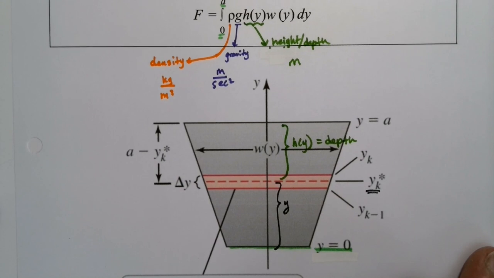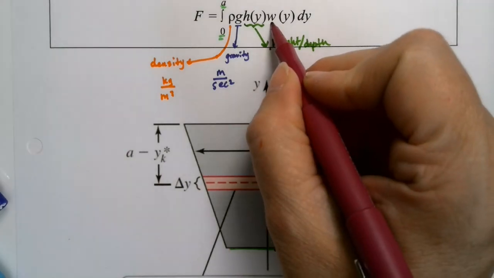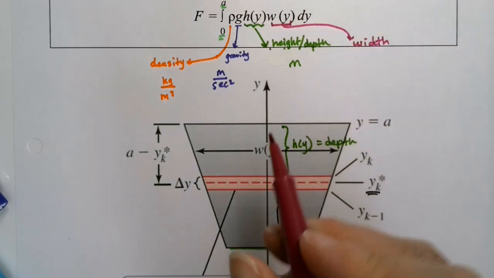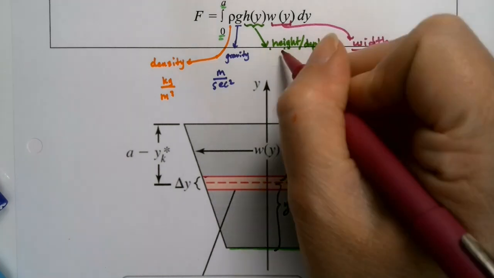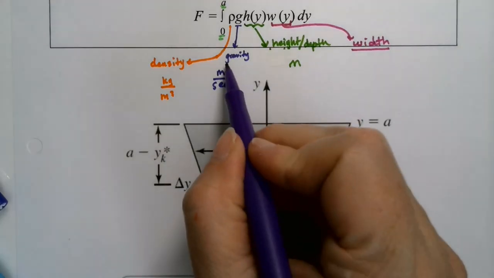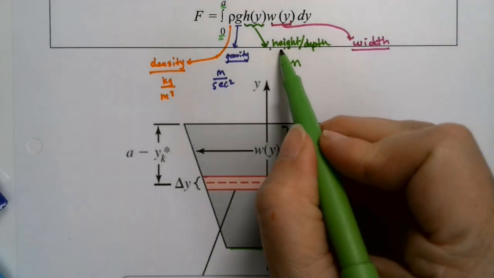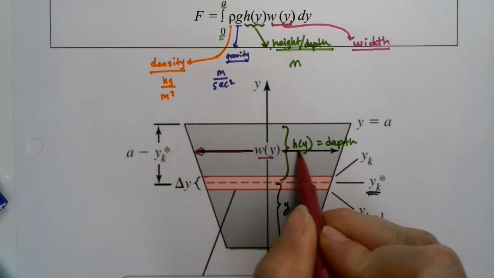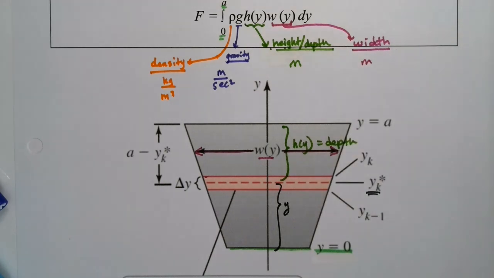And then we have w of y. w of y is going to be the hardest part. w of y is the width. It's literally the width of the slice of water that you're looking at, or the slice of dam wall that you're looking at. Okay, so that's going to be the most tricky part because it goes from one end of the trough to the other. So it's from this side to this side. That's w of y. It's also measured in meters because it's a width, right?